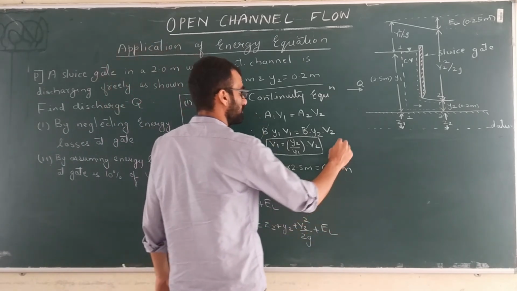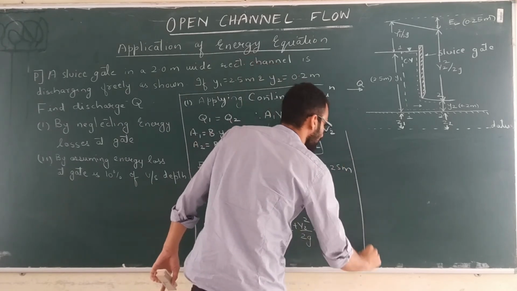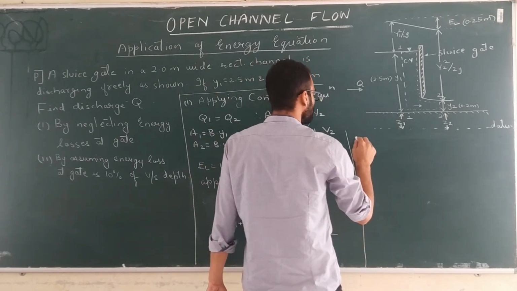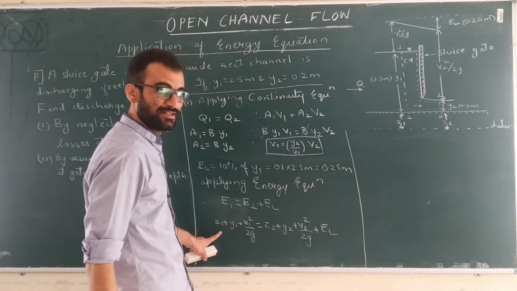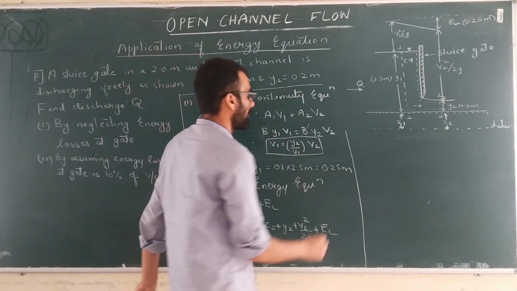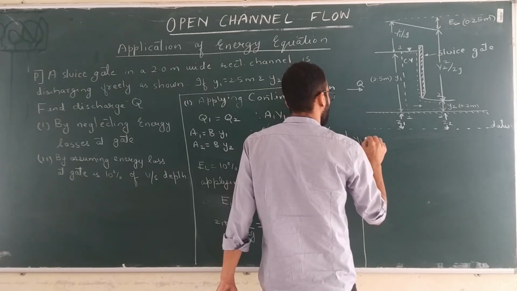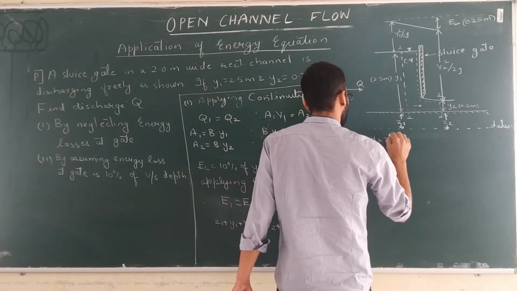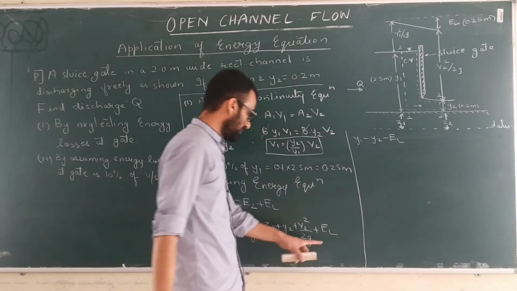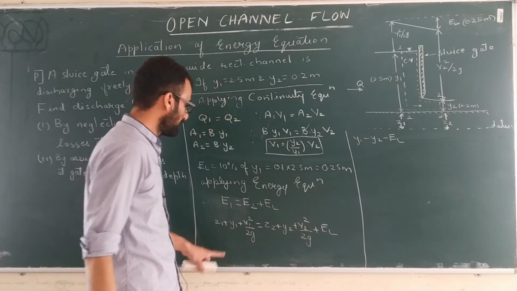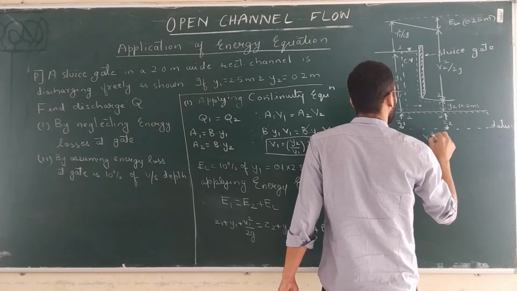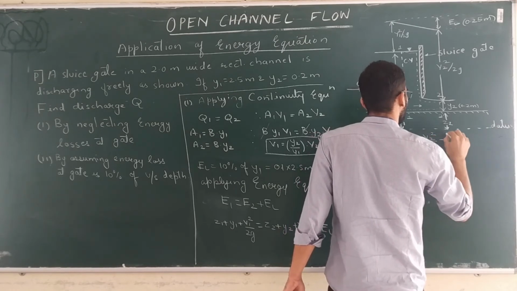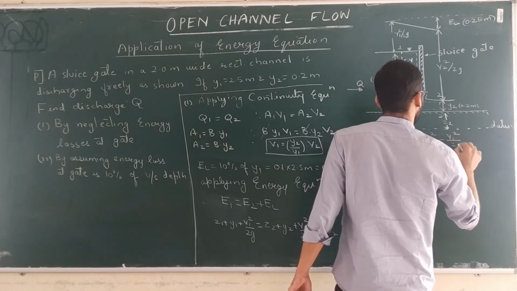So now what will this equation become? Let's try to solve here. Z1 and Z2 will get cancelled again because the datum heads are the same. We are getting Y1 minus Y2 minus EL. I am taking the EL term on the left hand side and the velocity terms on the right hand side, so we get V2 square by 2G minus V1 square by 2G.